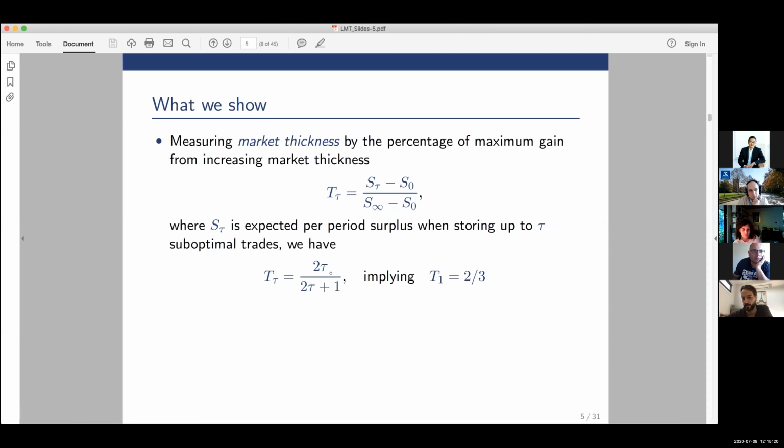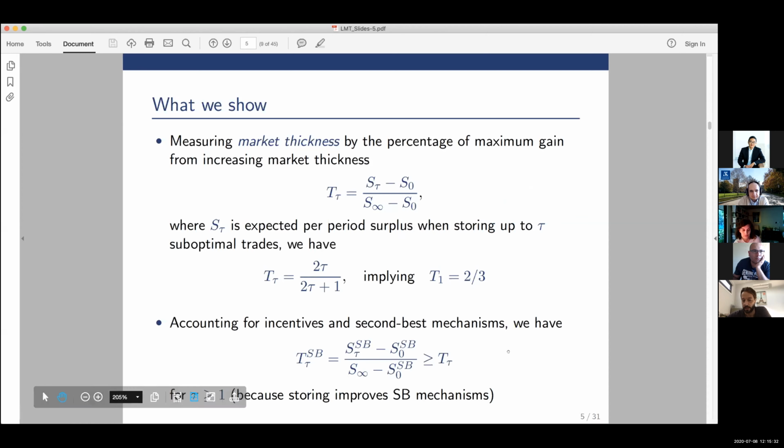Which, you know, you can do the math, right? If you set tau equal to 1, you get that this is 2/3. And this is increasing fast in tau. And then, as mentioned before, if you denote the appropriate numbers by SB to account for second best, we're going to show that accounting for second best, this increase is going to be even larger.